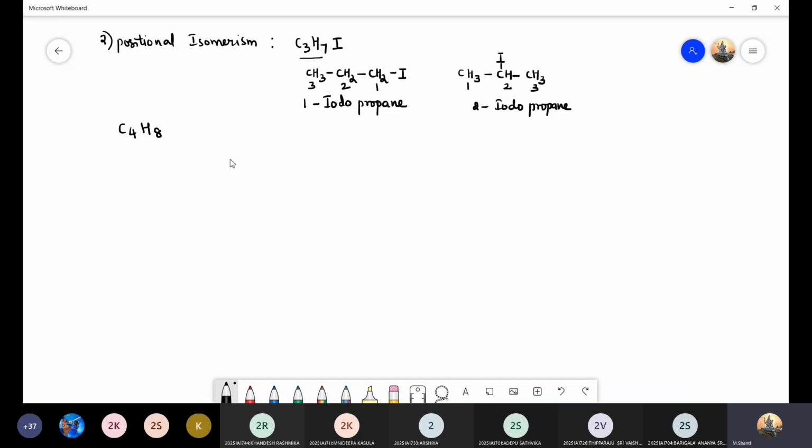Now, how am I calling these isomers positional isomers? Does it have any substituent? No, ma'am. Still I'm calling them positional isomers. How? Because of the double bond. Very good. Because of the change in the position of the double bond, you can call them positional isomers.